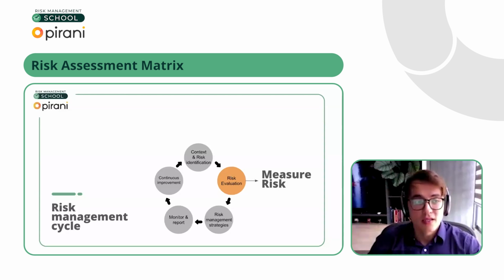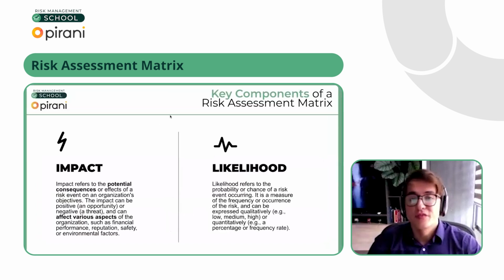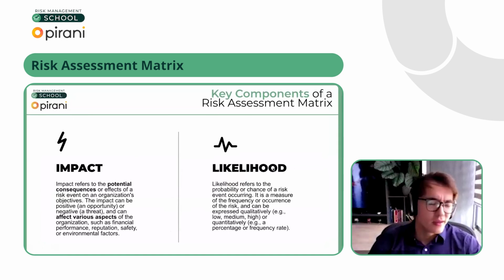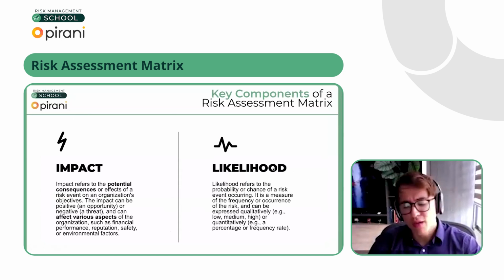So again, as I told you in the definition, that grid has two key components of risk assessment, that is the impact and the likelihood. In some frameworks or definitions, they talk about probability.